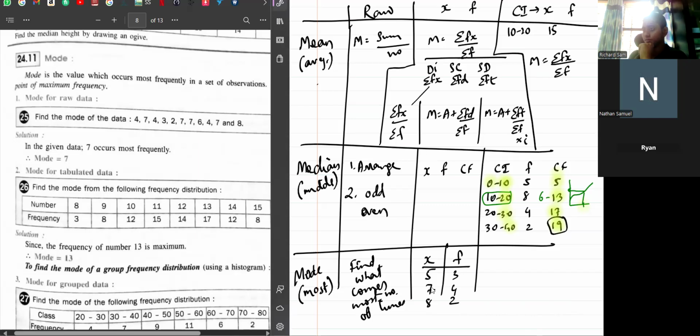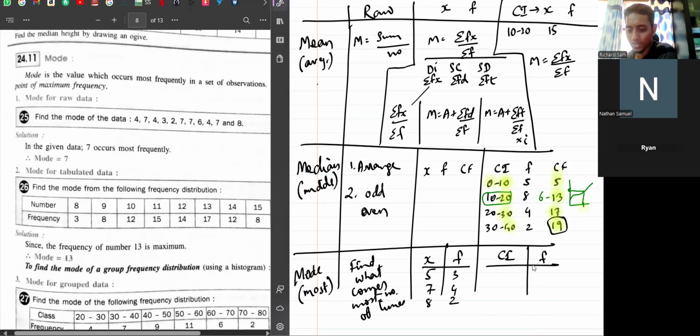Why? Because 7 came 4 times, more than any other number. So very easy when there's x and f. You don't even have to sit and count how many sevens are there. You can just look in the table and see there are 4 sevens. So 7 comes the most number of times. Is that clear?